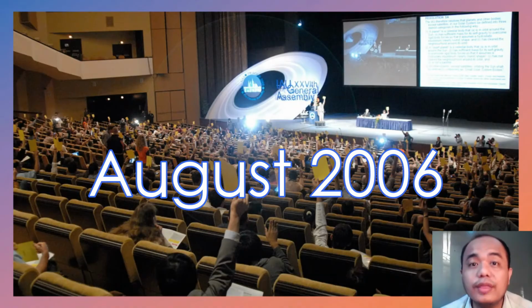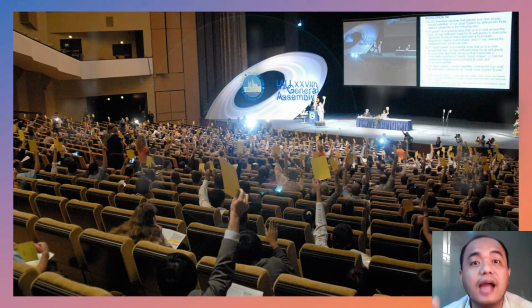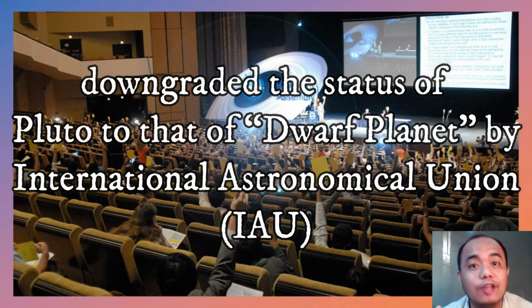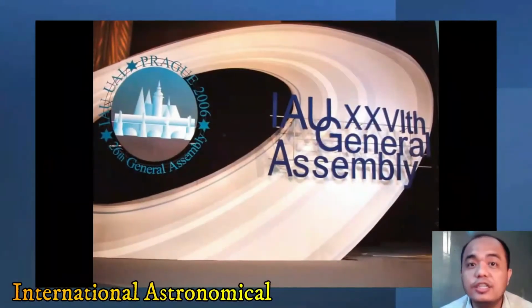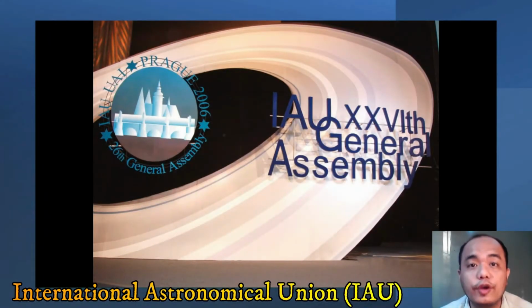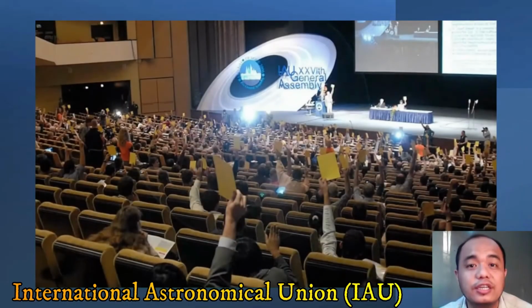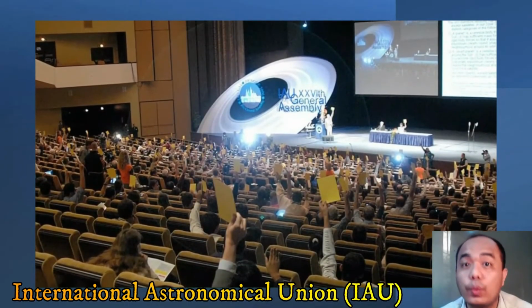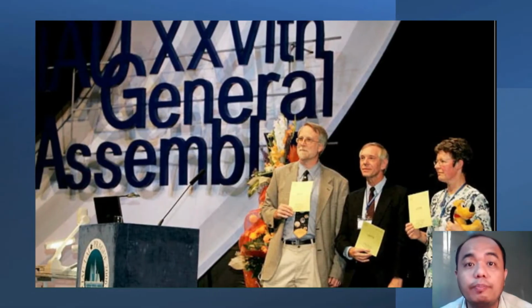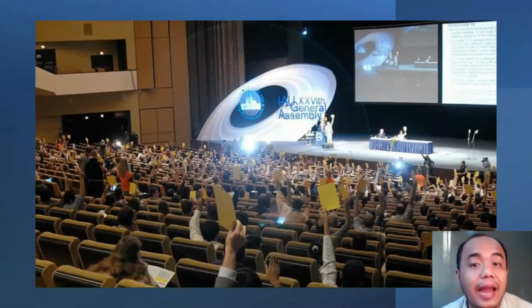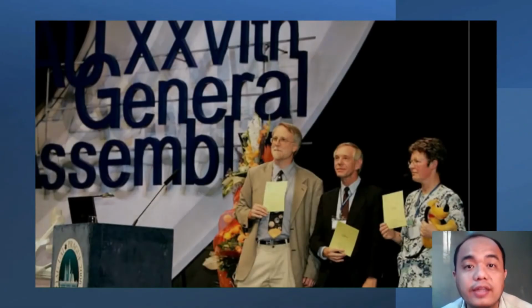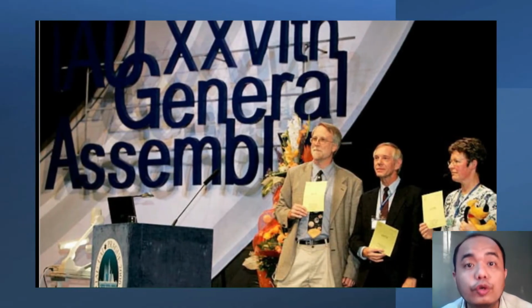In August 2006, class, Pluto was declared a dwarf planet by the International Astronomical Union. The International Astronomical Union governs the international professional astronomical activities worldwide. So the IAU evaluated Pluto. They evaluated planet Pluto based on the characteristics of a true planet.